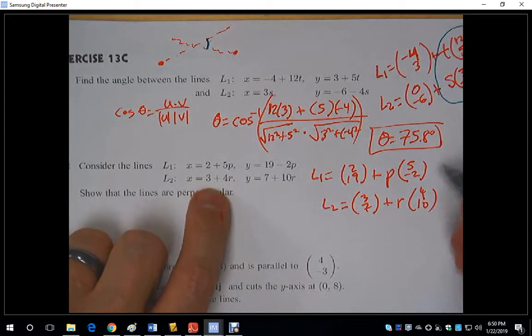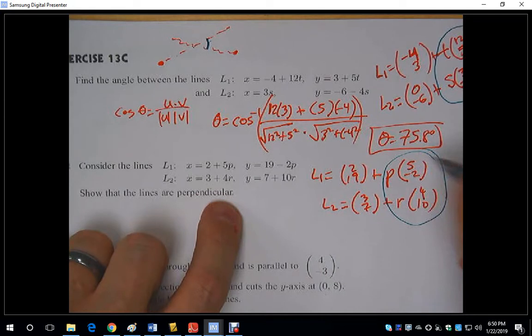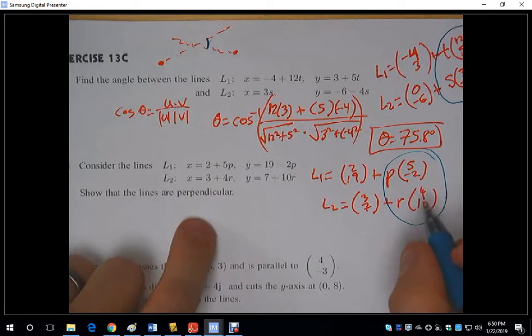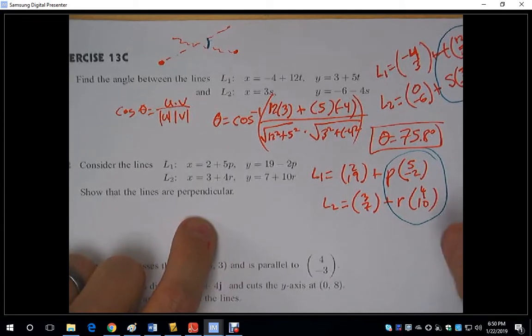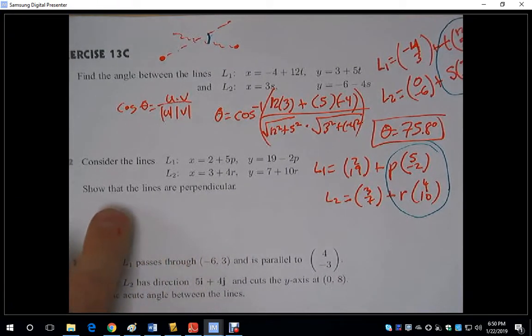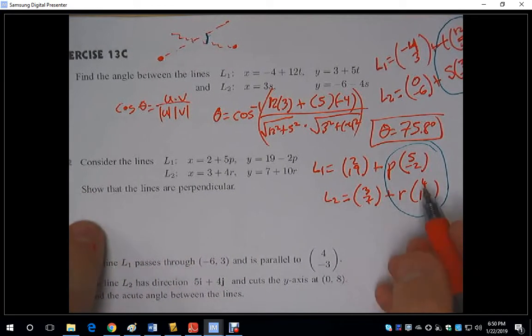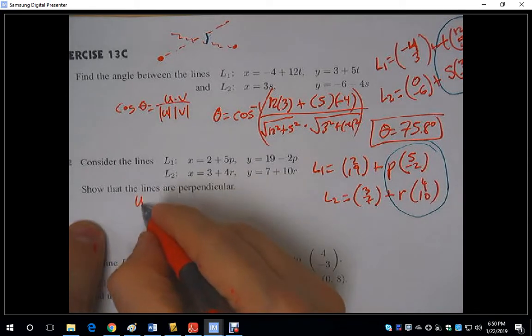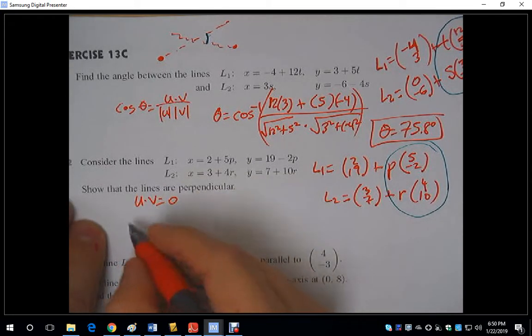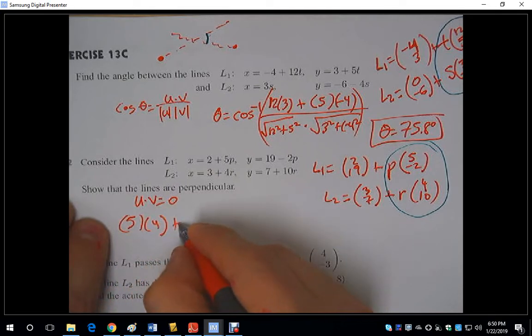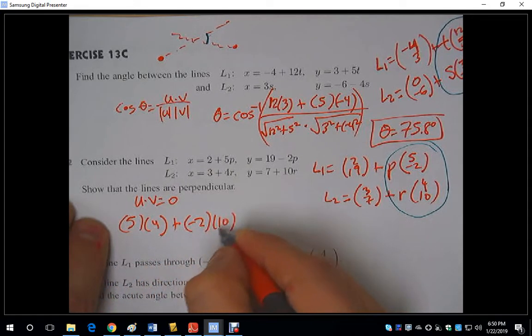I want to reiterate that the important vectors for finding an angle between two lines are only the direction vectors. Now it says I want to show that the lines are perpendicular. Well, if I want to show that they're perpendicular, I'm just going to show that u dot v equals 0. So that'll give me 5 times 4 plus negative 2 times 10.